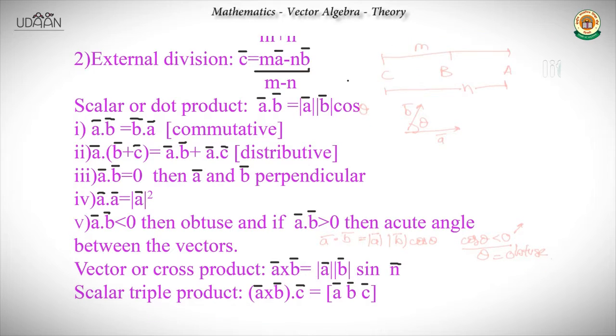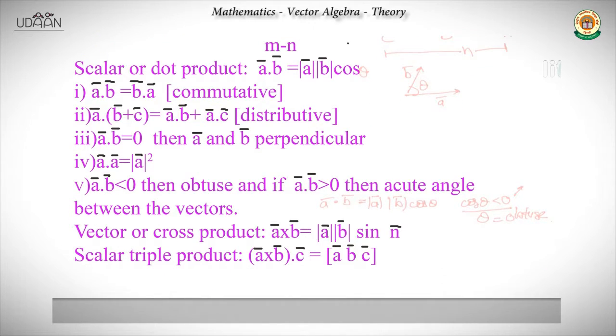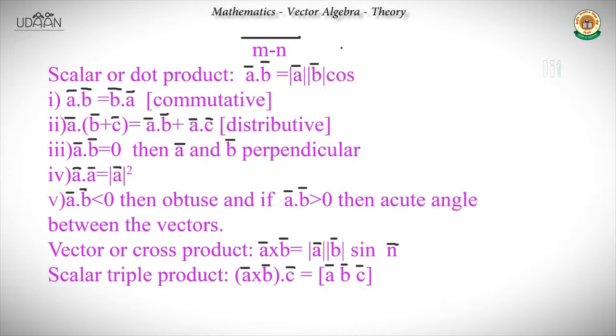Now we will turn our attention to vector or cross product. If there are two vectors a bar and b bar, then their cross product is given by mod of a bar times mod of b bar times sin theta times n cap, where n cap is a vector perpendicular to the plane of a bar and b bar. Now we will be dealing with the properties of vector or cross product.